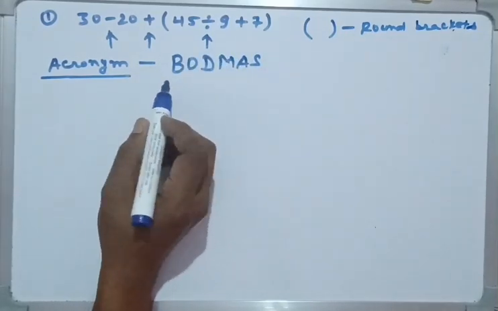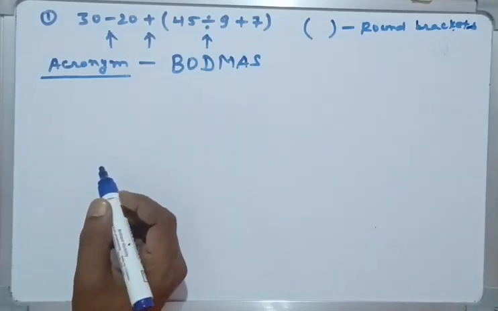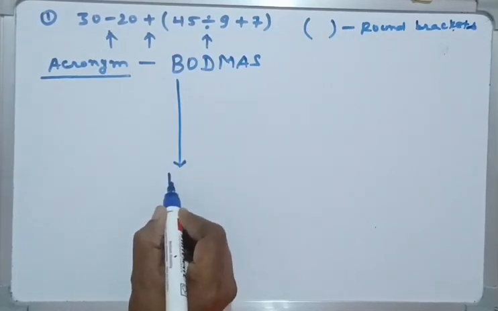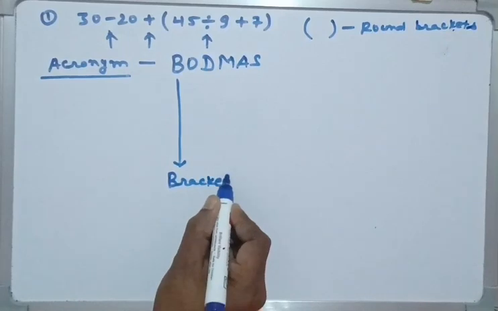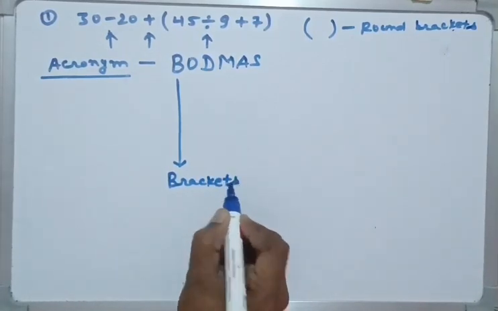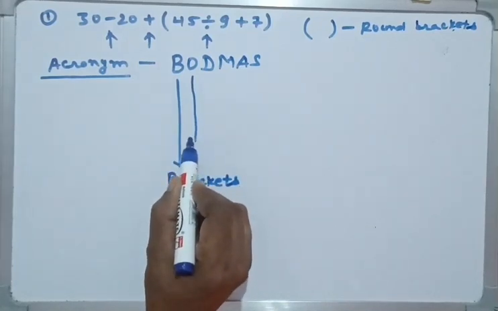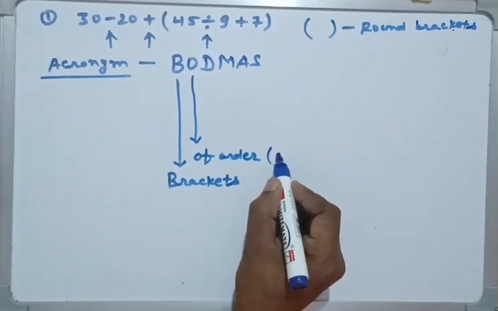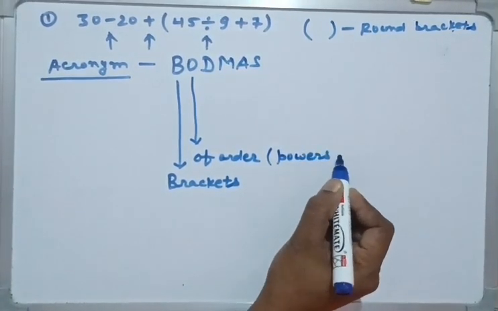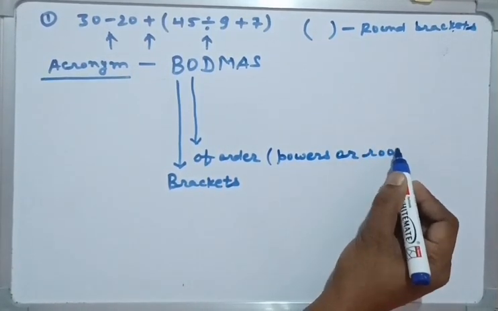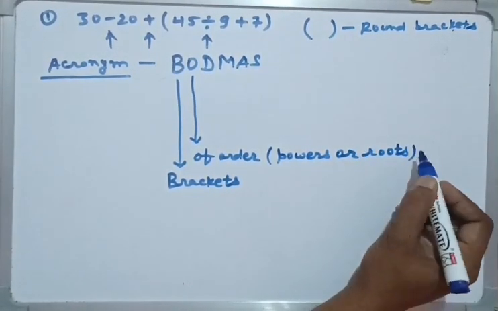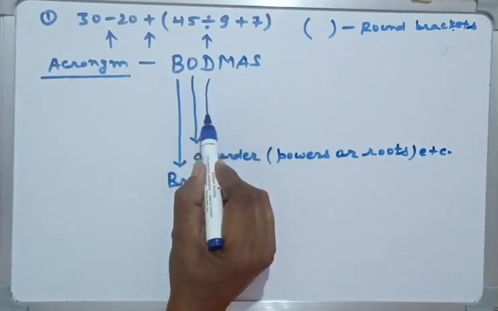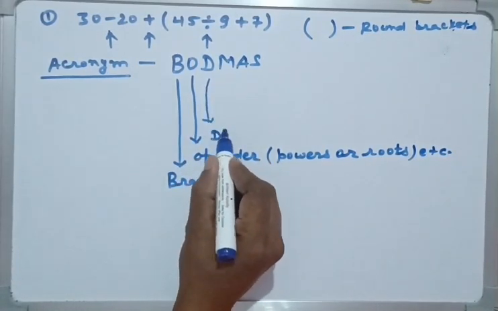Okay guys, you know that B stands for bracket. O stands for order, or it may be powers or roots, etc. Now D stands for division.